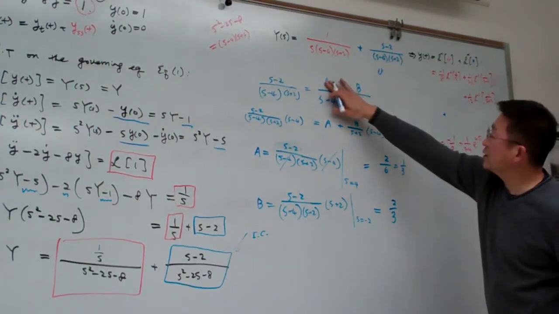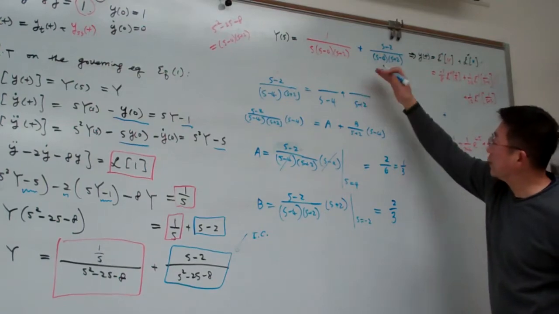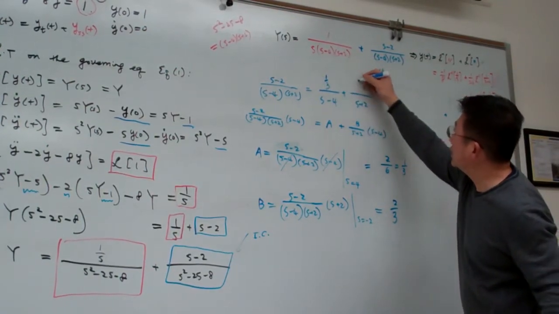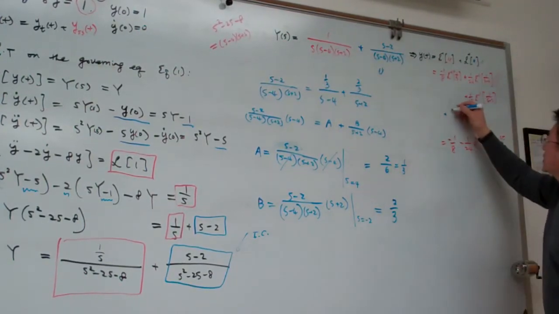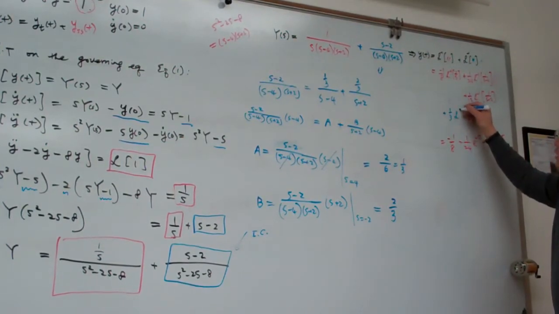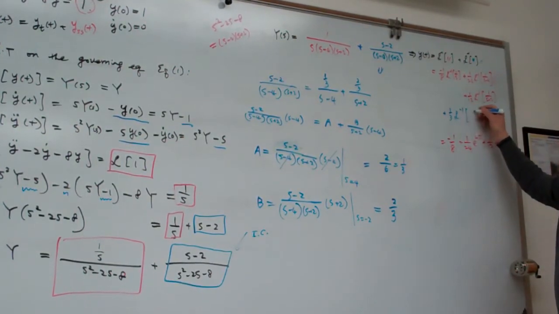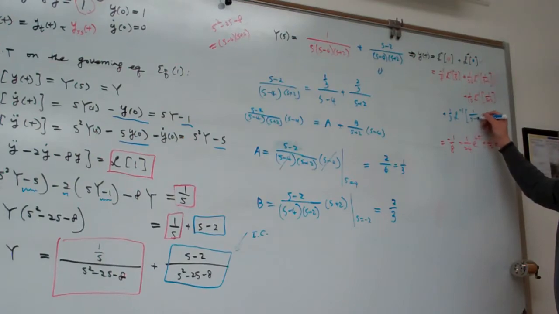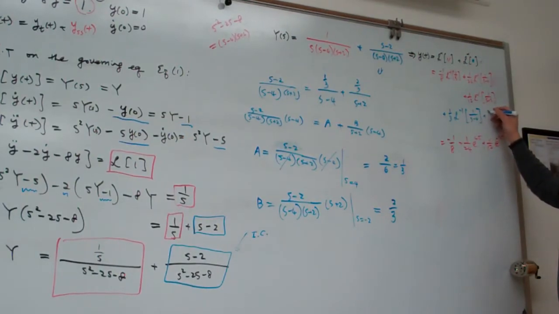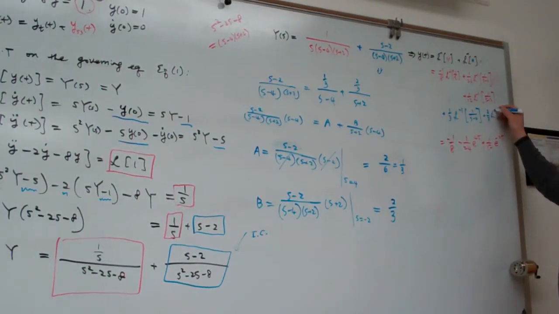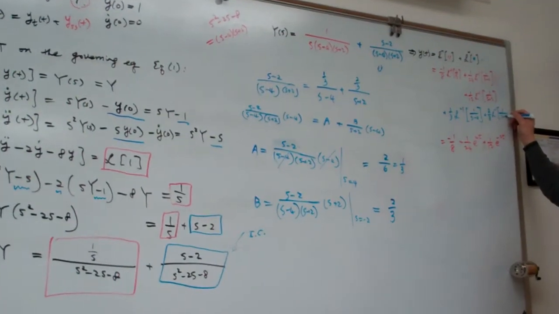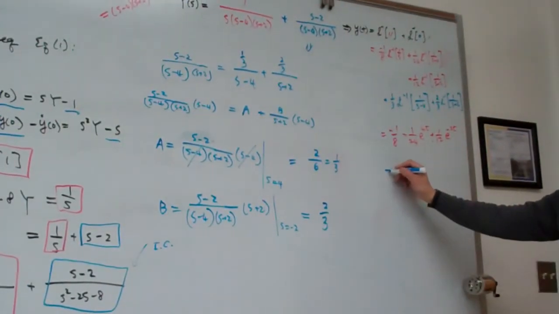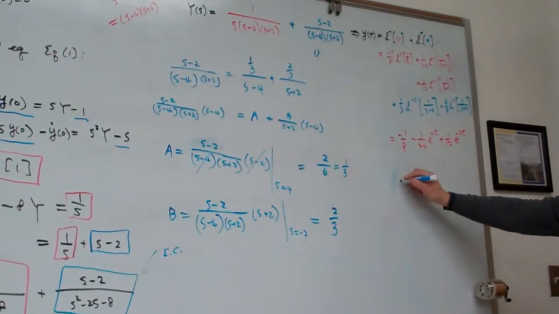A is equal to 1/3 and B is equal to 2/3, so that means here is 1/3 Laplace inverse of 1 over s minus 4 plus 2/3 Laplace inverse of 1 over s plus 2.